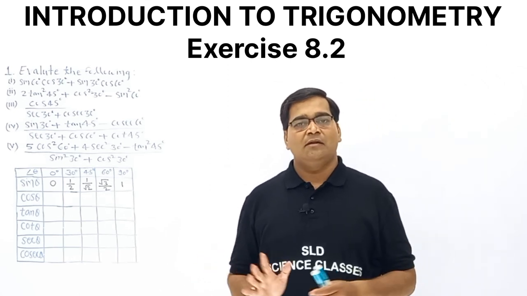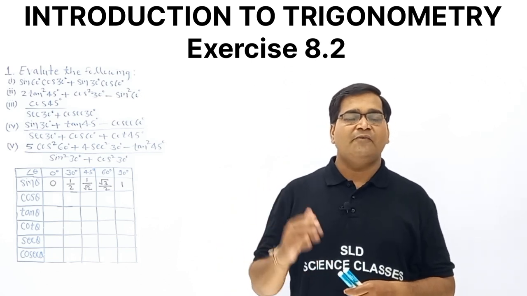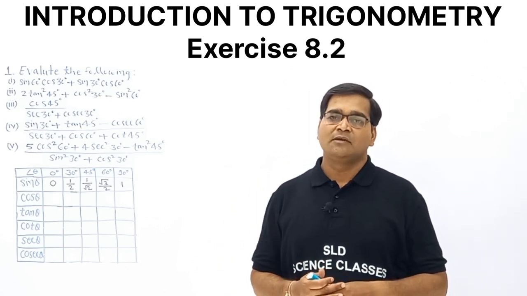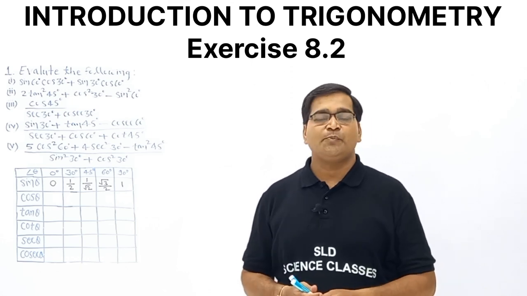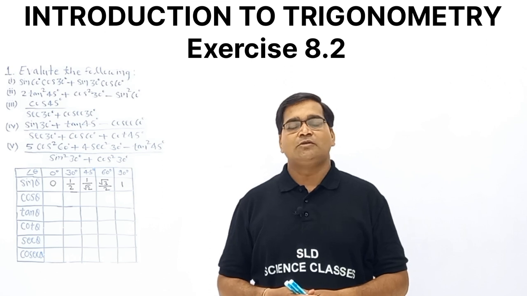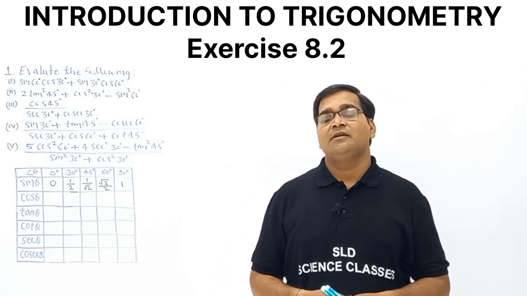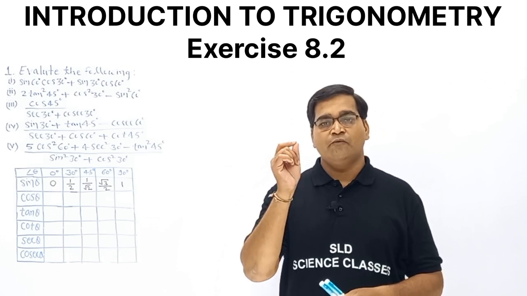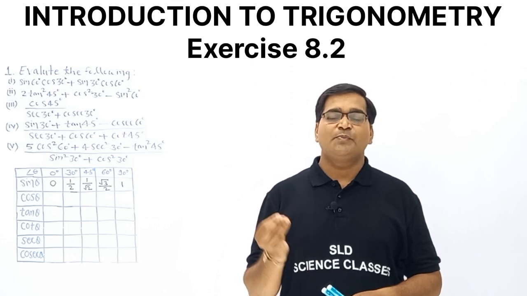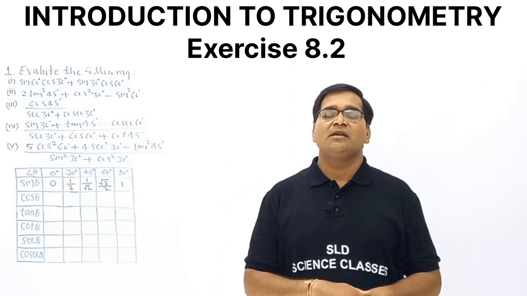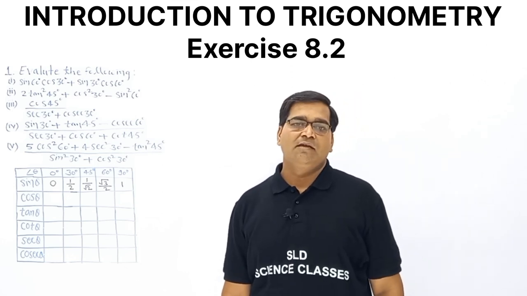We studied well how to find the ratios of these trigonometric functions using the right triangle. But in exercise 8.2, we want the values of these trigonometric ratios for some specific angles: 0 degree, 30 degree, 45 degree, 60 degree and 90 degree.